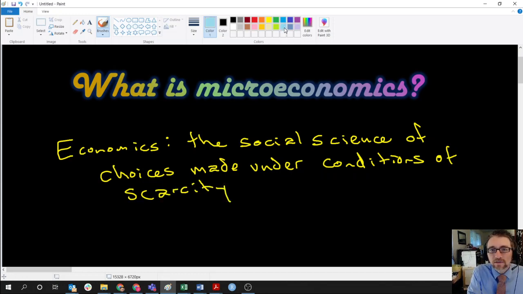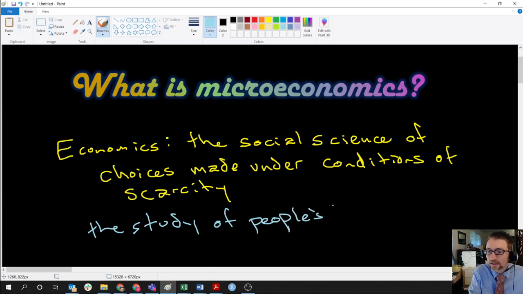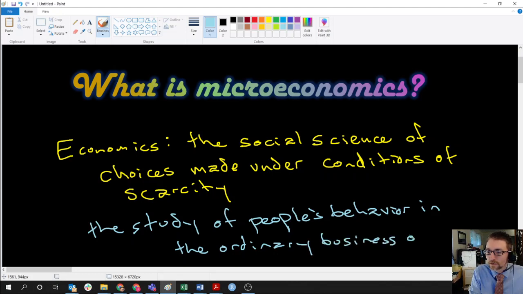There's another textbook definition that you might see, which is maybe the study of people's behavior in the ordinary business of life. It's one of the things that makes economics so powerful, that it has lots of applicability.